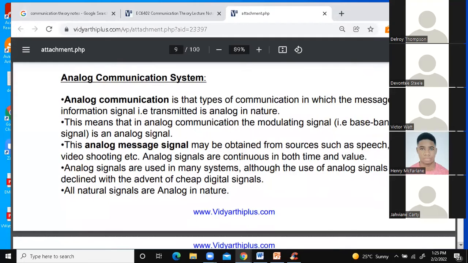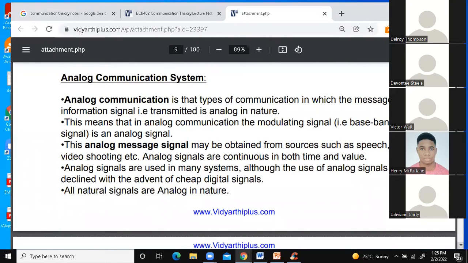So here's what I have for analog communication. It's that type of communication in which the message or the information signal that is transmitted is analog in nature. That means it's continuous. The analog message signal may be obtained from sources such as speech, video, etc. Analog signals are continuous in both time and value.